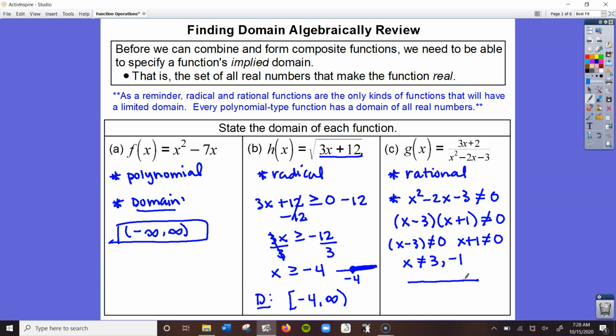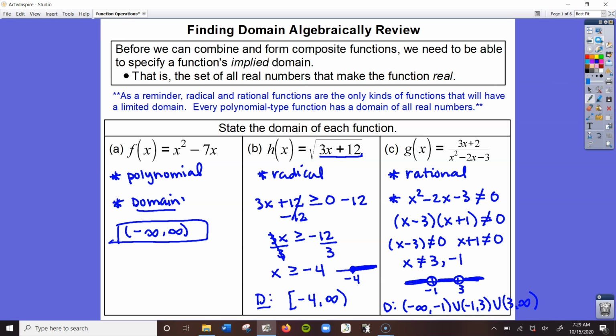So that means that on my number line, if I put these in order, it cannot equal negative 1, cannot equal 3, but everything else would be okay. So the domain would be from negative infinity to negative 1, parentheses because it's not included, negative 1 to 3, and 3 to infinity.